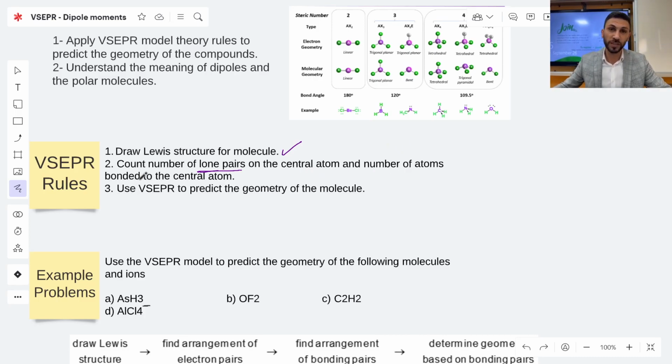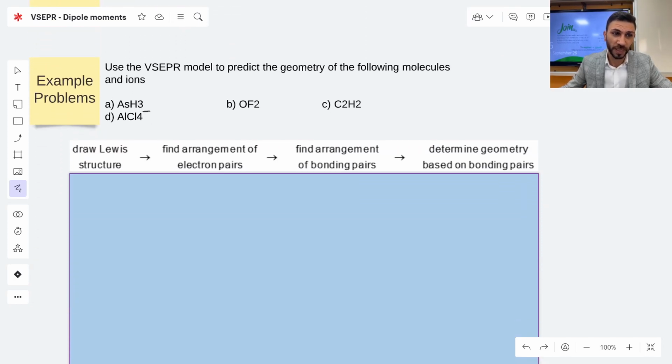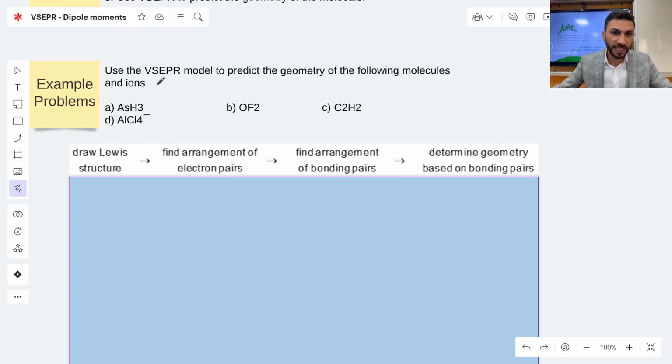Then we need to use the VSEPR model theory to predict the geometry of the molecule. To understand these steps, we need to go through some examples. Use the VSEPR model theory to predict the geometry of the following molecules. This is how the question comes in the exam.